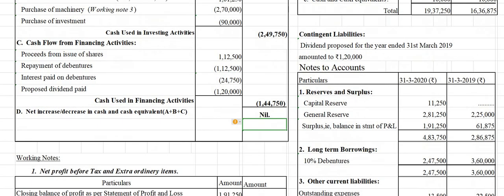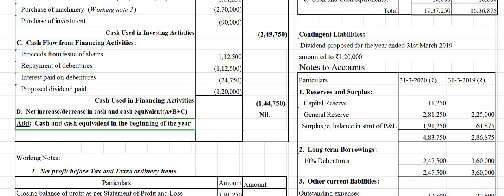Okay, so opening cash and cash equivalent, we have to add with that. We have got opening cash and cash equivalent, how much? 10,000. Then we will get closing cash and cash equivalent. Understood?